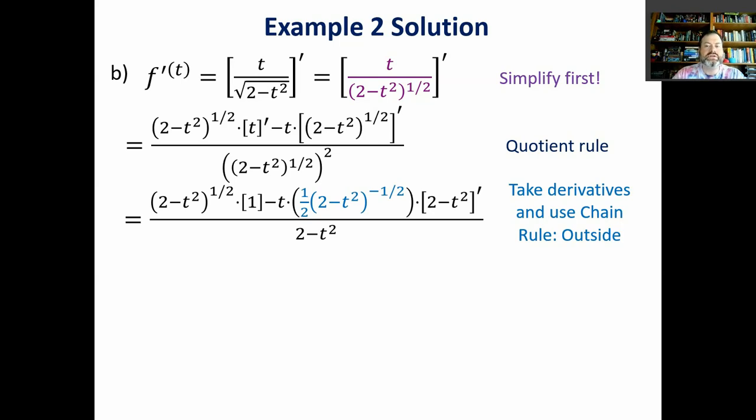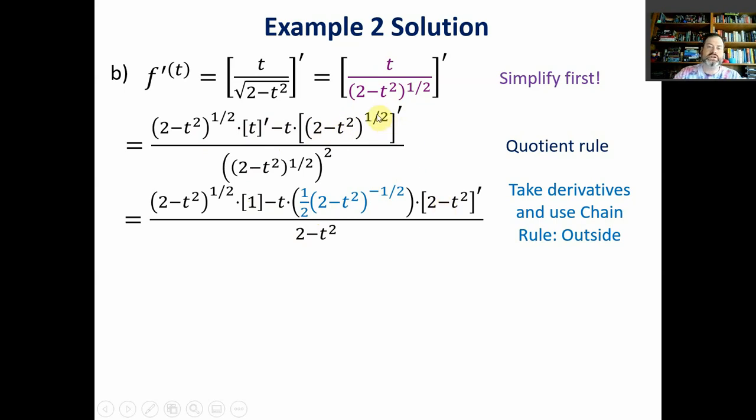Now we're going to take derivatives and use the chain rule for the outside function. So the chain rule didn't happen yet because we didn't have any derivatives yet. Now we have derivatives. So the derivative of t is just 1, so there's no chain rule or anything there. But I need a chain rule here, right? So I have to do the derivative of the outside function first, and then I have to do the derivative of the inside function.